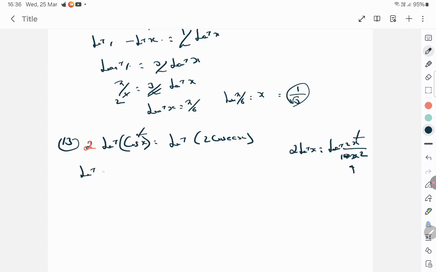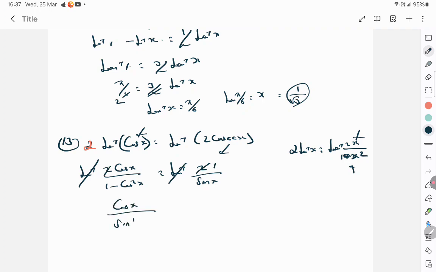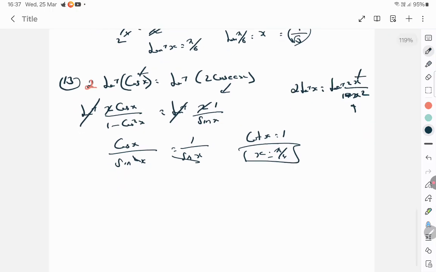So tan inverse of 2 cos x by 1 minus cos square x is tan inverse of 2 by sin x. 2 cosecant x is 2 by sin x. Tan inverse gets cancelled, 2 and 2 get cancelled. This is cos x by sin square x, and 1 by sin x, these two get cancelled. You get cot x is equal to 1. This happens when x is equal to pi by 4.